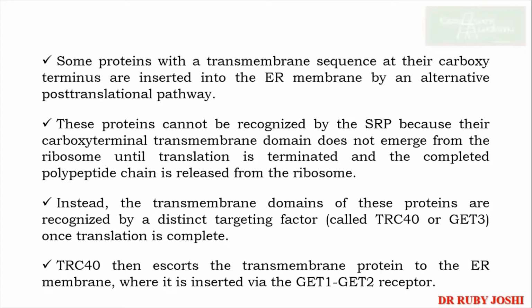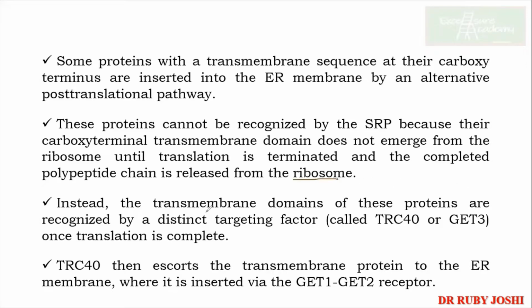That means the protein is synthesized and present in the cytoplasm. Now these proteins need to be translocated into the ER membrane. How will that happen? For that we have a different set of proteins. These proteins cannot be recognized by the SRP because their C-terminal transmembrane domain does not emerge from the ribosome until translation is terminated and the completed polypeptide chain is released from the ribosome.